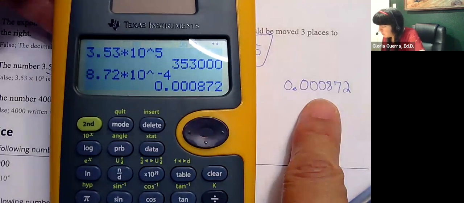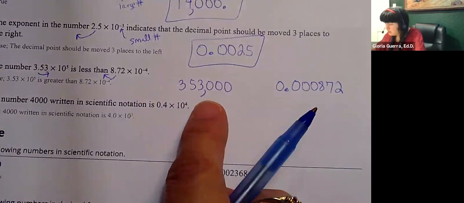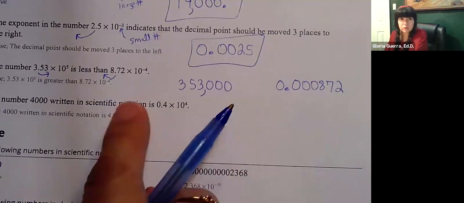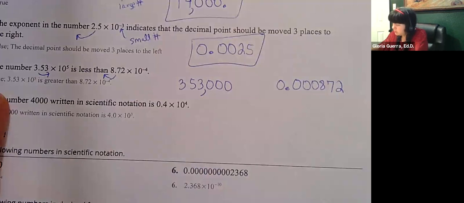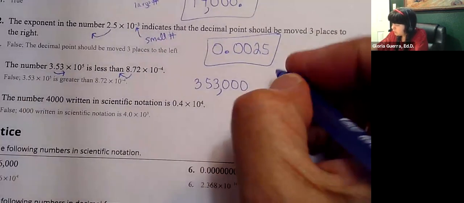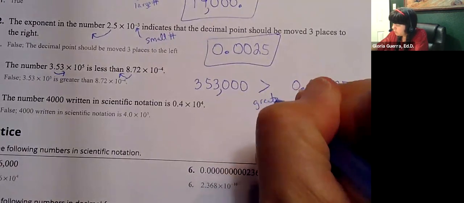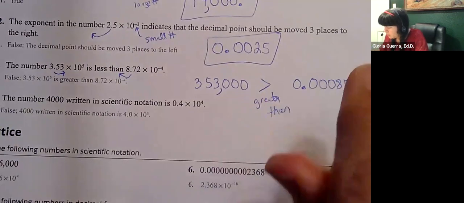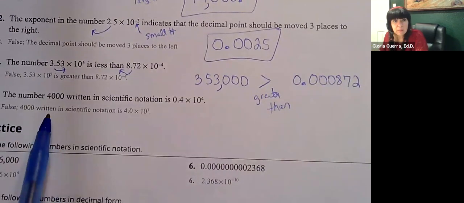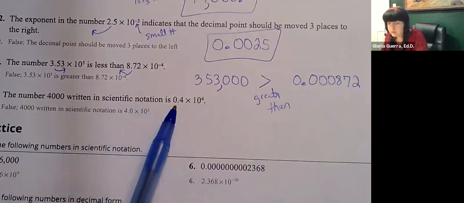And then now they were saying, let's see, this number is less than this. This is false. It says it's false. This number is greater than that.